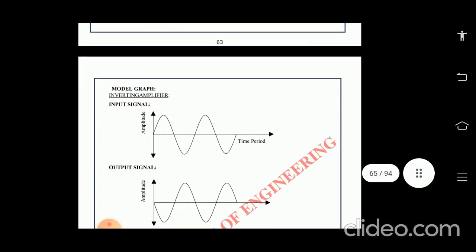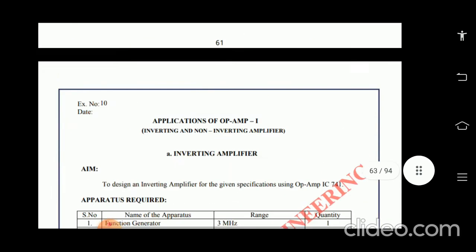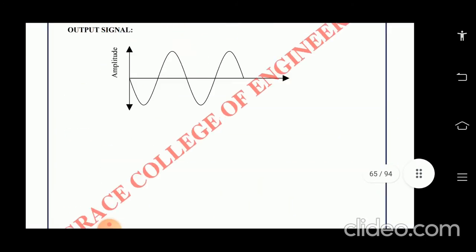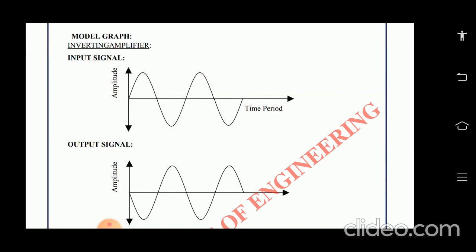So from the model graph itself we can get that concept. So when we are giving the input like this, it will be amplified and it will be out of phase with your input voltage.